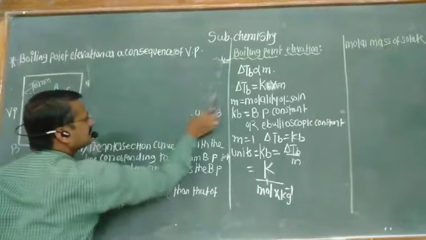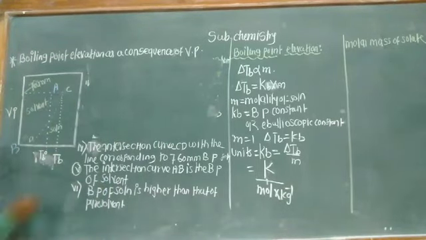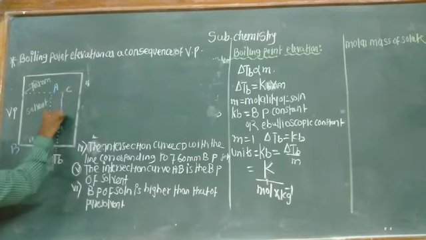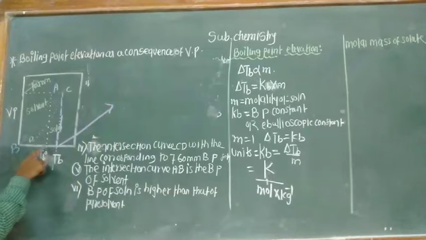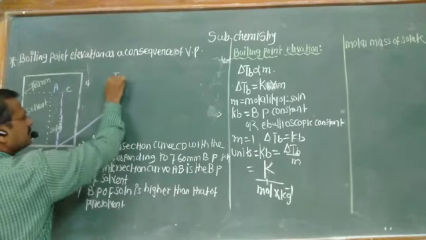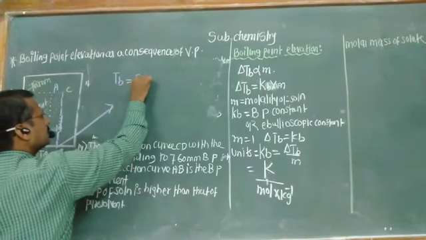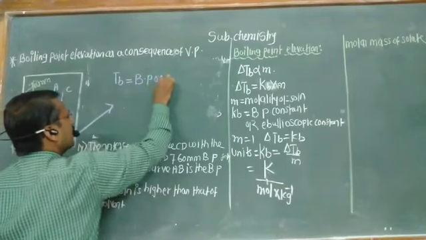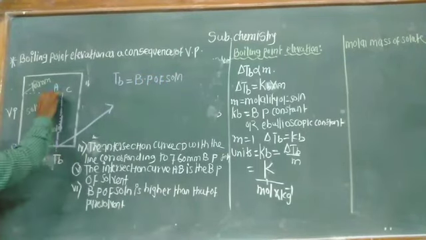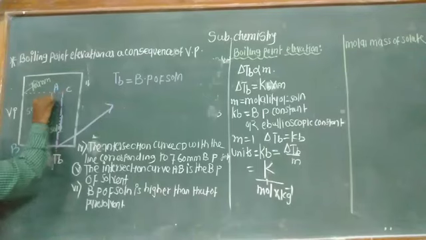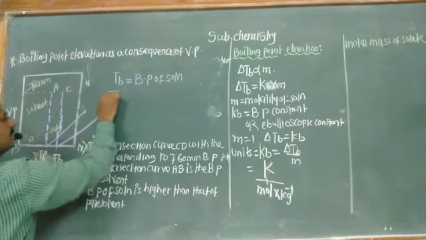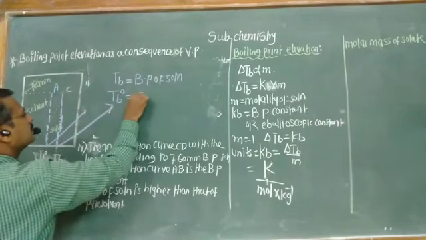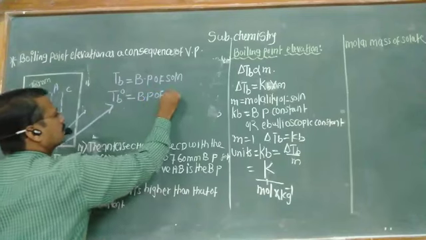When we observe this curve, it intersects at this point, and this is TB, the boiling point of the solution. TB is equal to the boiling point of the solution, and when the curve AB meets this axis, it is TB0, the boiling point of the pure solvent.